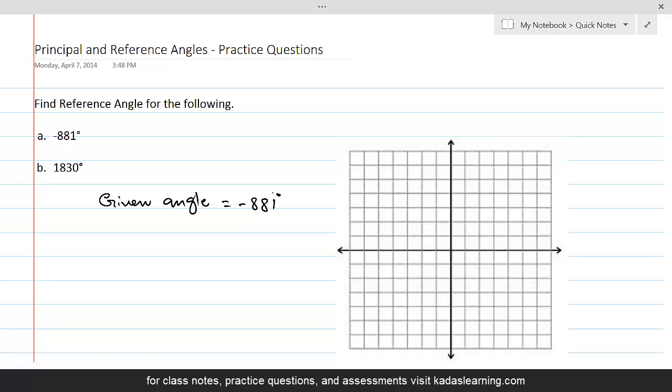Any angle greater than 360 or less than 0 degrees is coterminal. We first need to convert the given angle into a principal angle by adding or subtracting integral multiples of 360 until it gets into the range of 0 to 360.